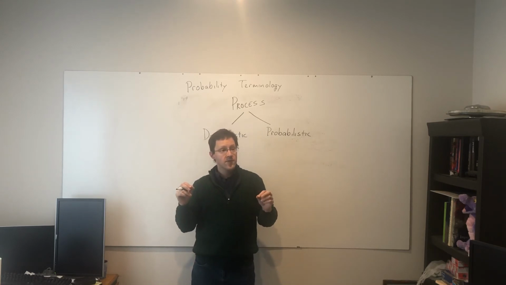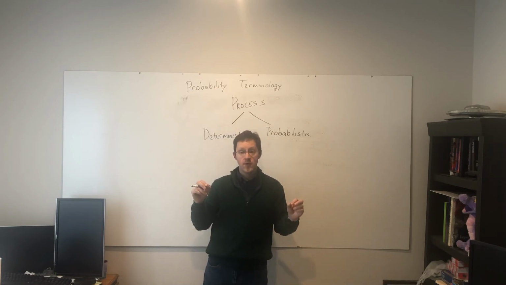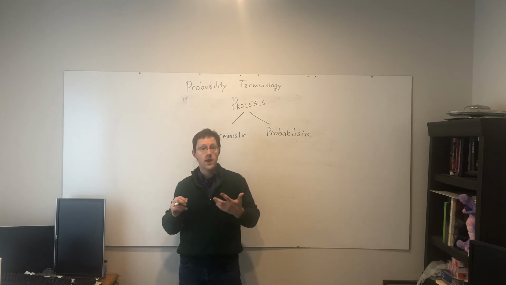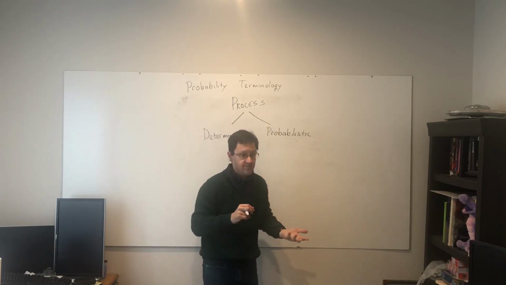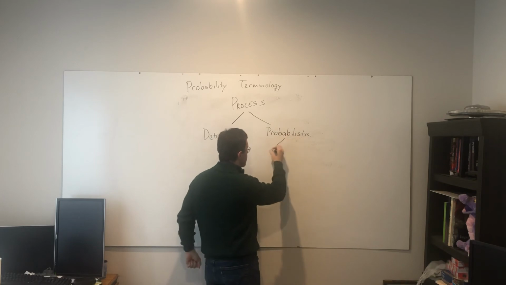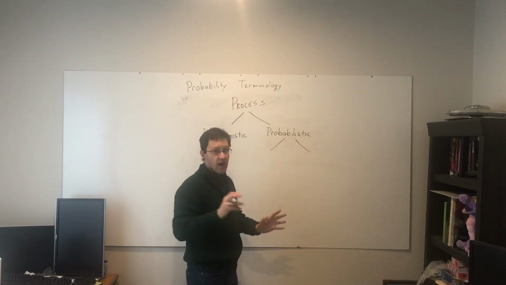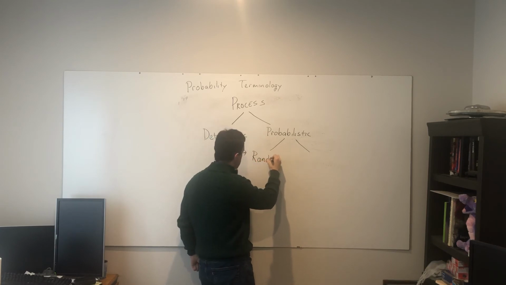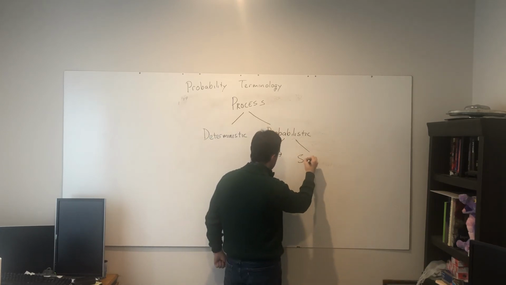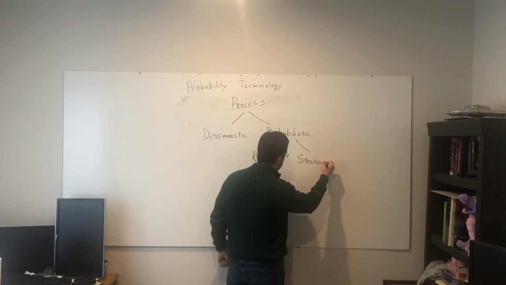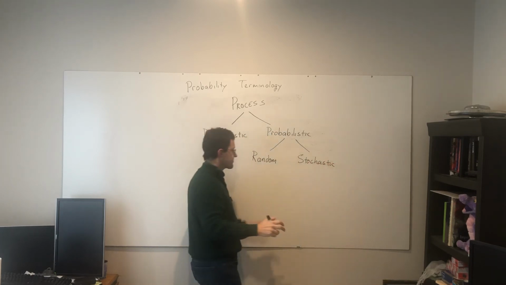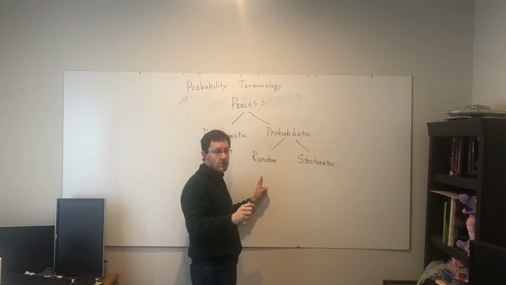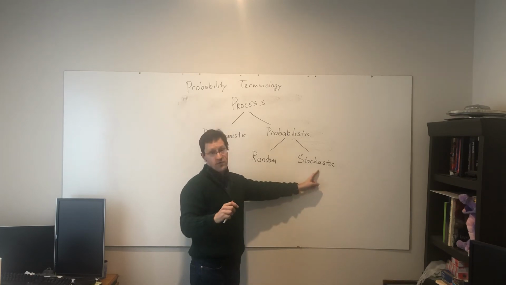That just simply means there is some way in which uncertainty or randomness or probability comes into play when that process is happening. We can break those down into a truly random process or stochastic process.